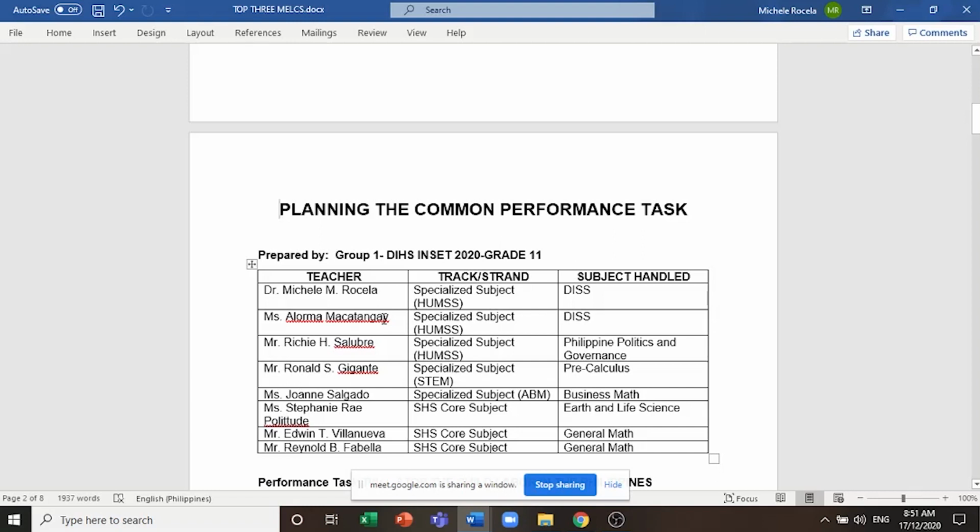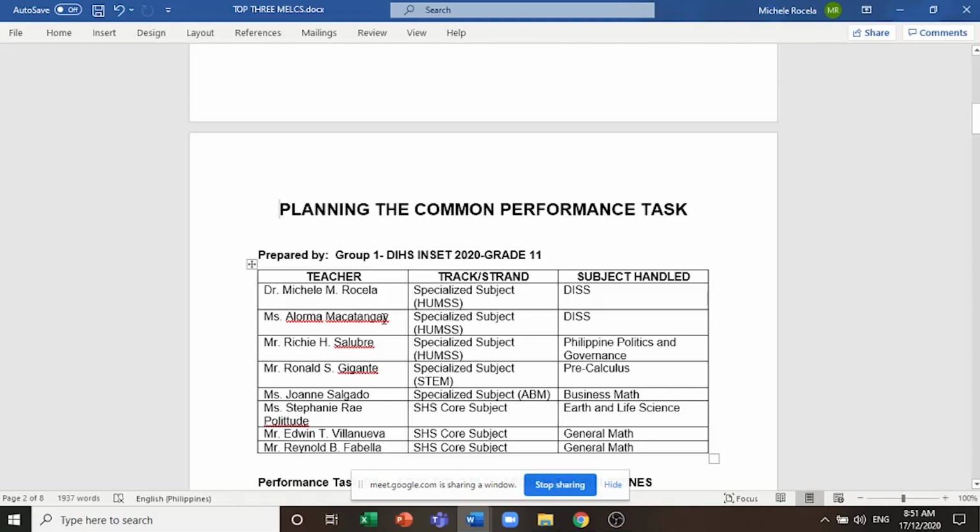Obviously, Stop the Child Labor in the Philippines is more on the Social Science subject because it talks about a social problem. With regard to child labor, there are a number of kinds that occur in the Philippines. So we'll think of what specific child labor will be covered by the performance task.